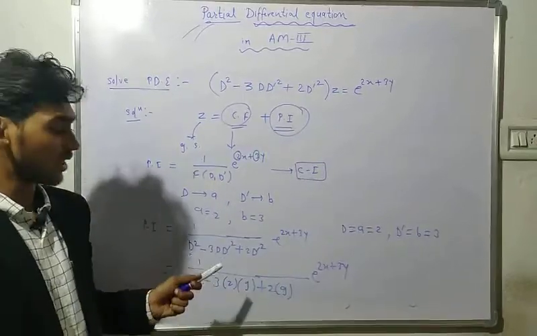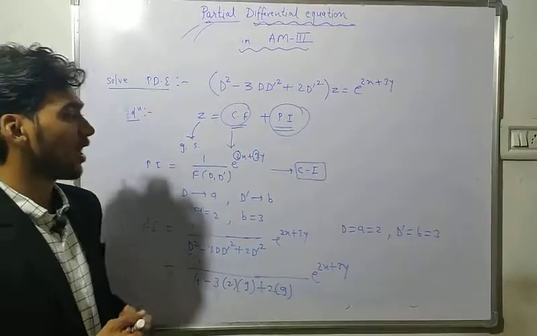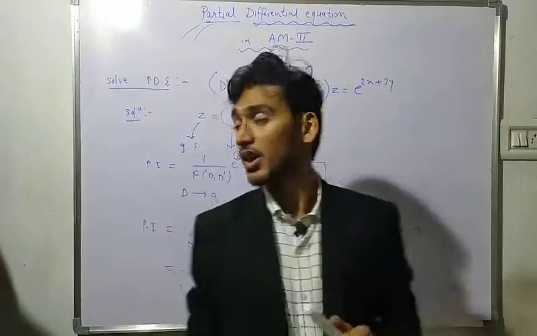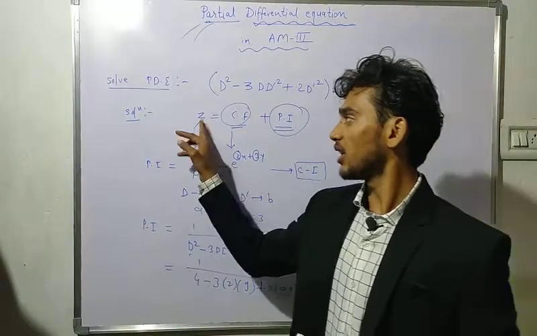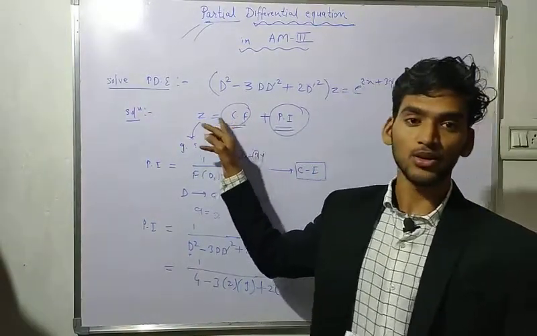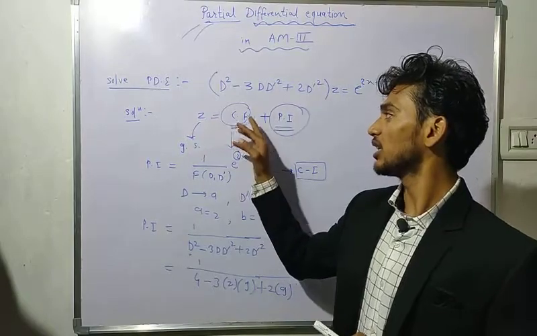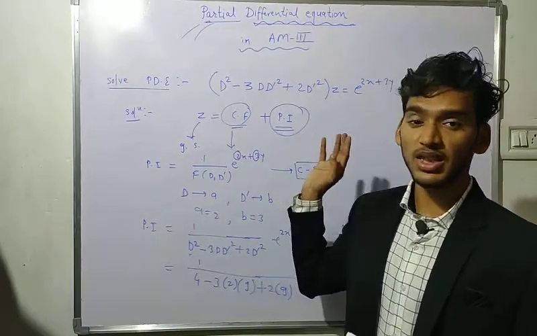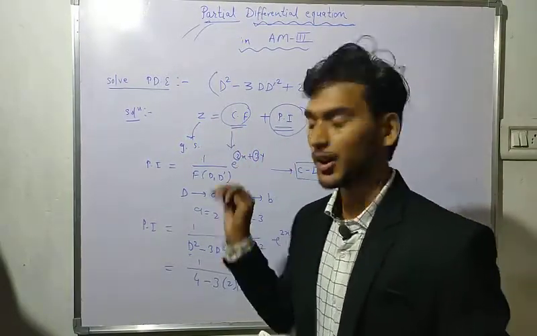In this way you can easily calculate the PI. After finding this PI, you have to add it to the CF. So you will get the general solution, that is z equal to CF plus PI.